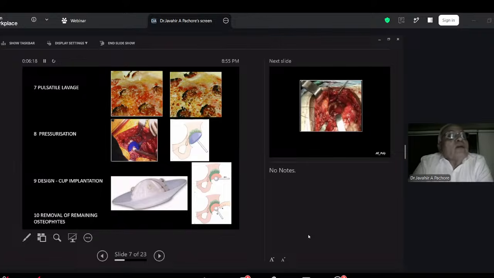Charnley made what is called the PIJ, pressure injection cup, and then it was modified to the OGEE cup by Wroblewski. Today the flange cups are very, very commonly used. After that, you have to remove the osteophytes to take out the impingement, which Arun has described: the anterior, posterior and other osteophytes.